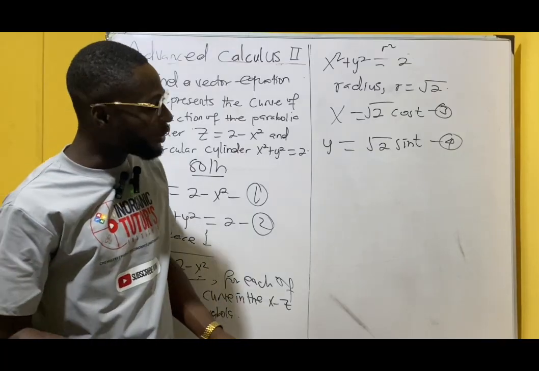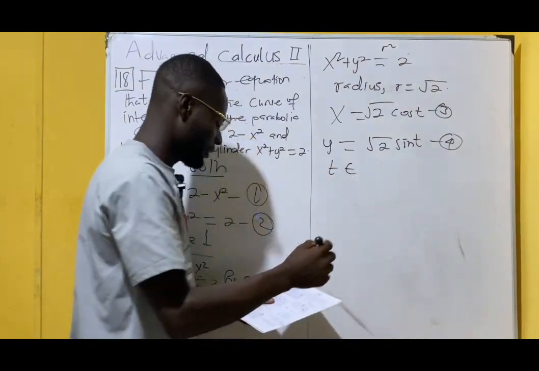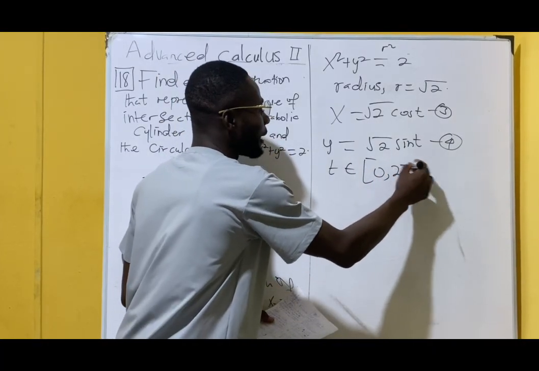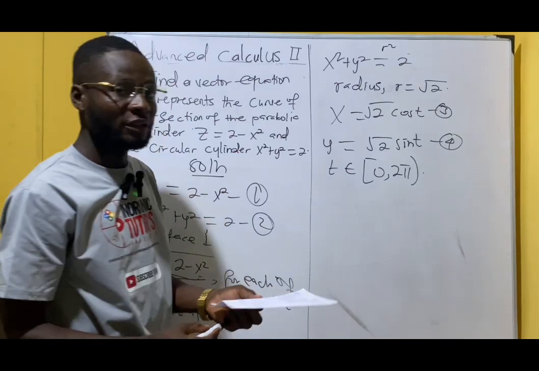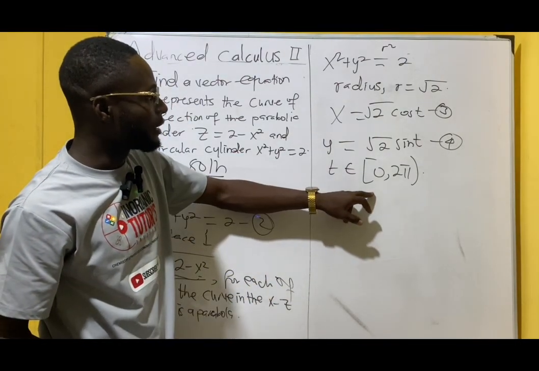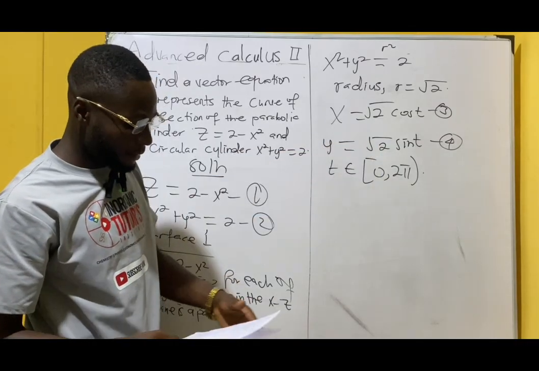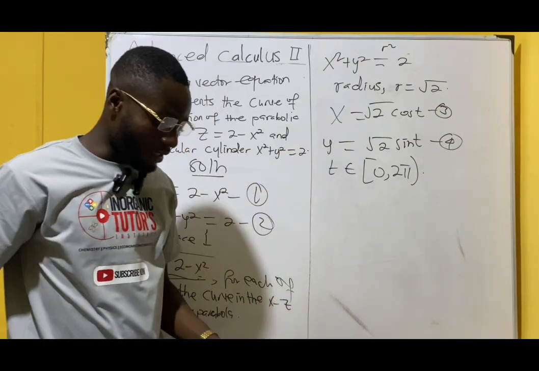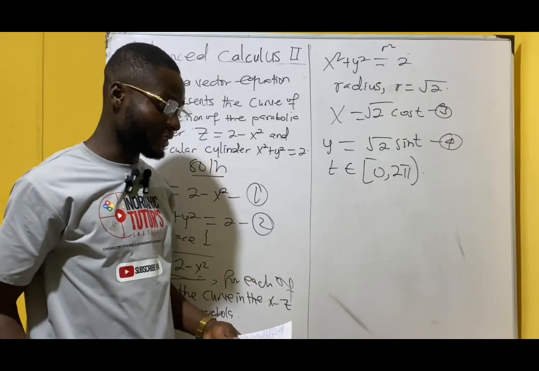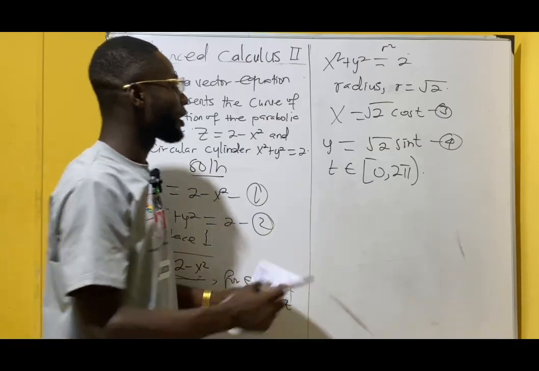Don't forget that t ranges from 0 to 2 pi, exclusive, because this is a circular cylinder. It's a standard way of moving around the circle of radius square root of 2 as t increases.